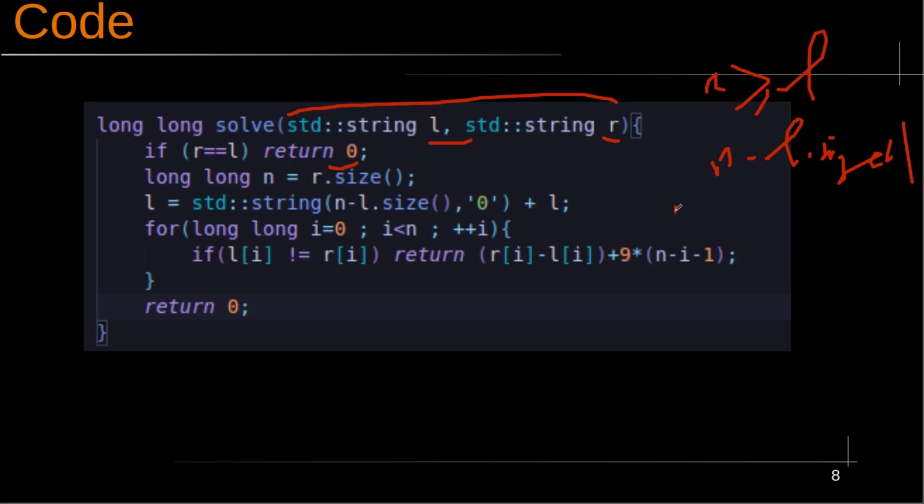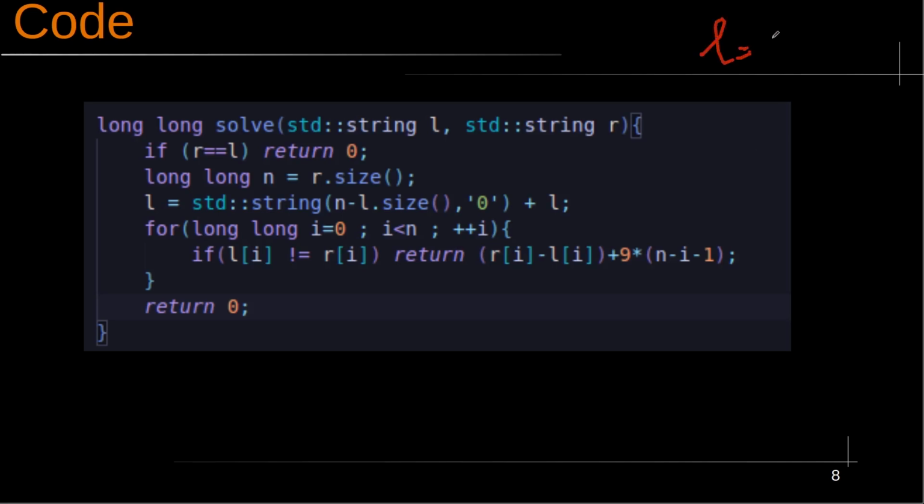For example, let's take a very quick example. L is equal to 23, and R is equal to 3566.